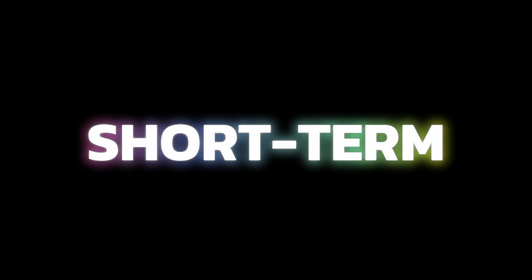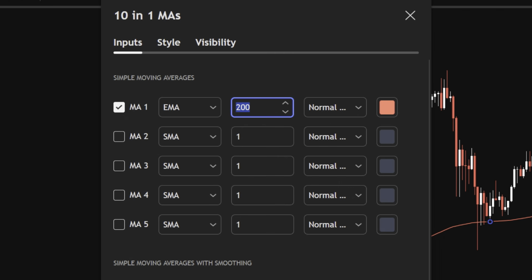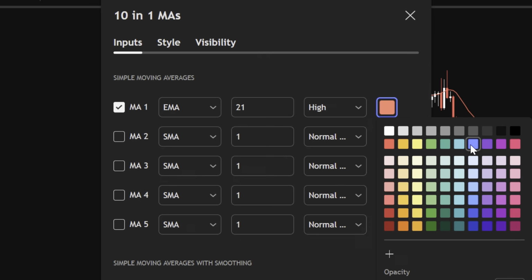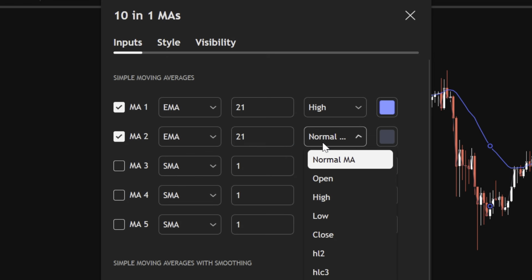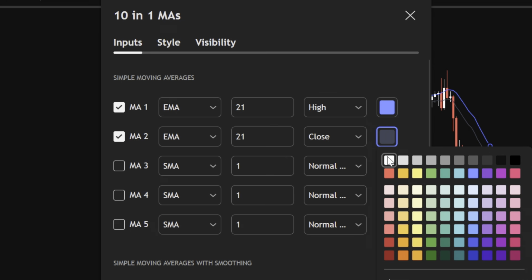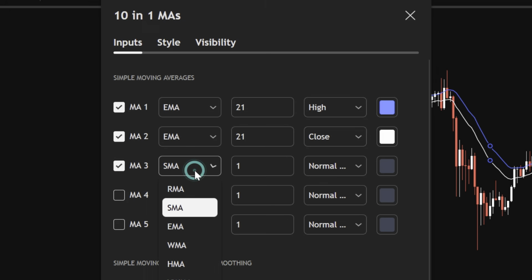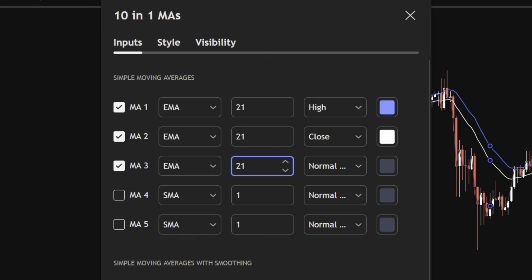Now we need to define the short-term environment. We use a moving average channel. This isn't your standard signal line. It's a three-part boundary. The 21 period EMA set at highs, the 21 EMA set at lows, and the 21 EMA set at close. This creates a river on your chart.